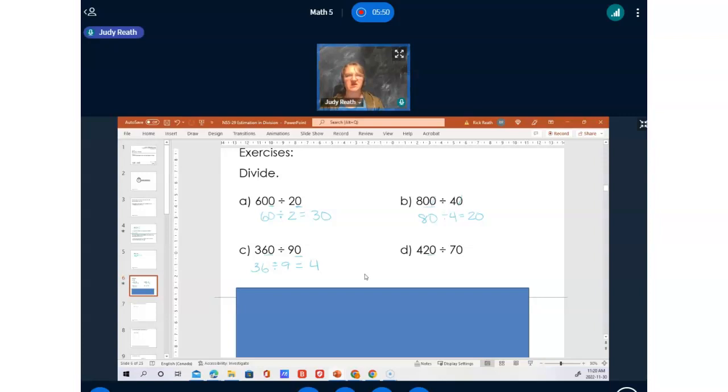And here, dividing the dividend and the divisor by 10, we end up with 42 divided by 7, which will equal 6. So that's just a way to make our division a little bit easier so that it's not quite as complicated. And the reason why we're introducing this first is because this is related to our estimation.